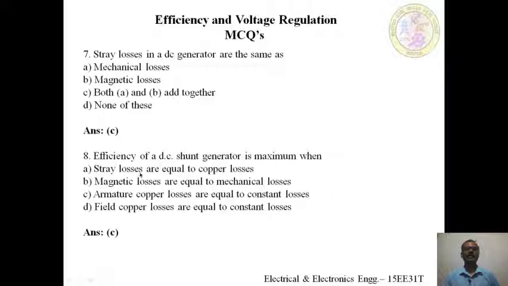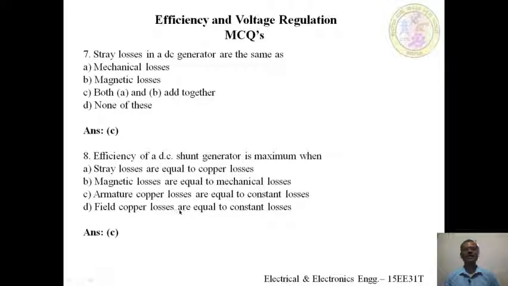Eighth one. Efficiency of a DC shunt generator is maximum when stray losses are equal to copper losses, magnetic losses are equal to mechanical losses, armature copper losses are equal to constant losses, or field copper losses are equal to constant losses.